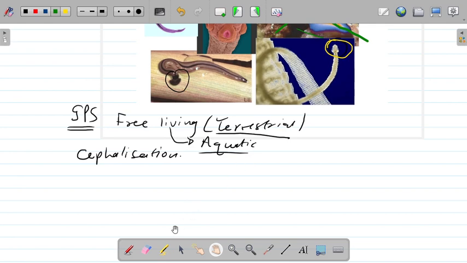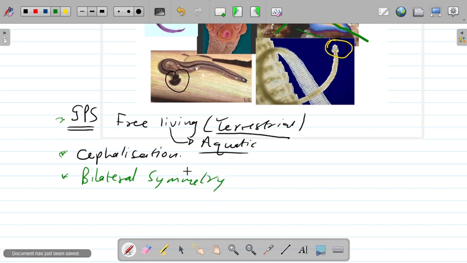So an organism that can be cut along one plane longitudinally and produces two identical halves, what type of symmetry do we call that? Bilateral symmetry. So these organisms have bilateral symmetry.